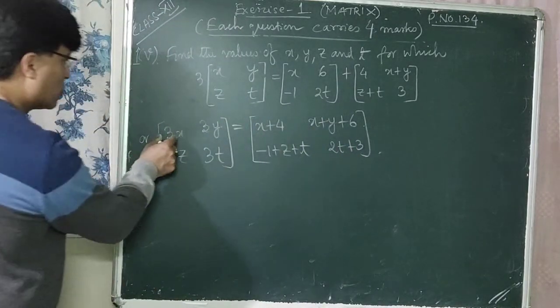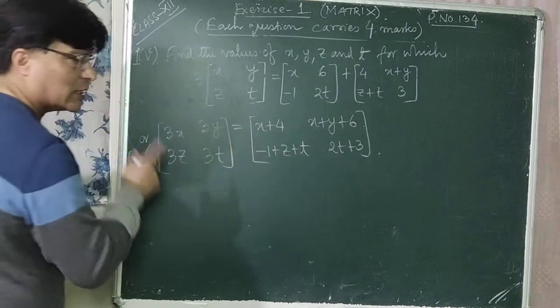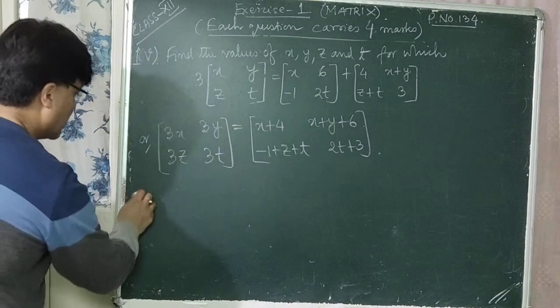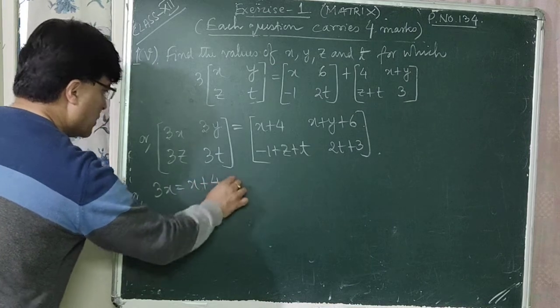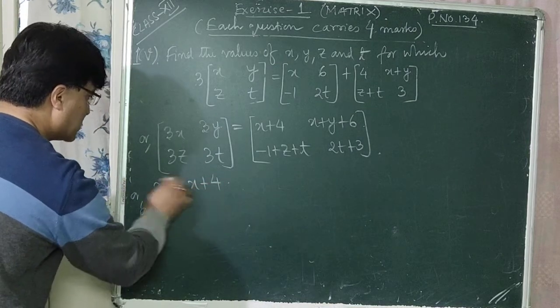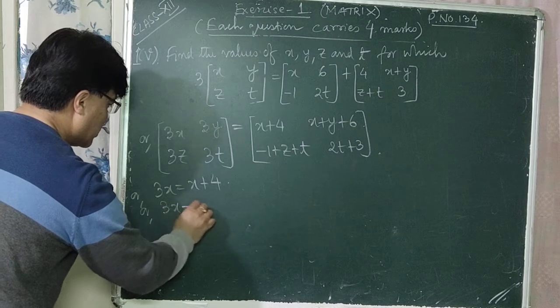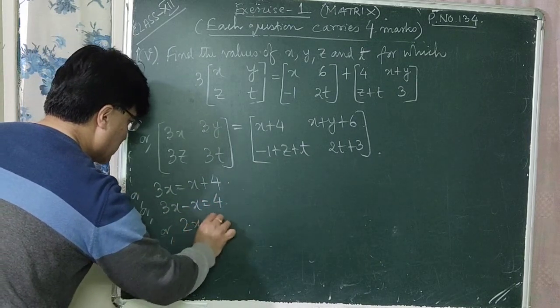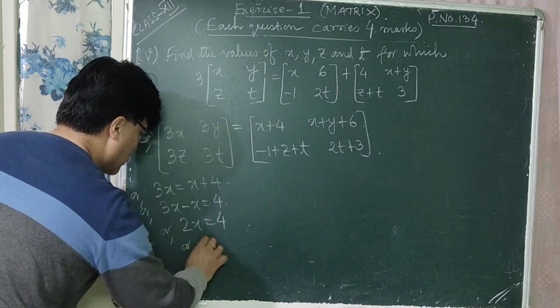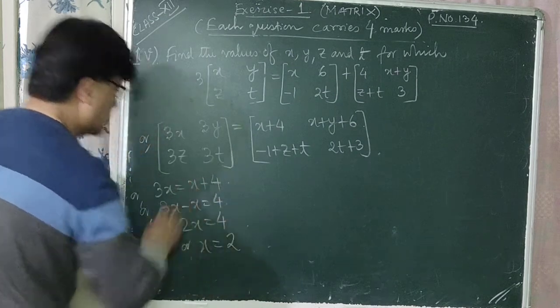So let us equate the first element from the first row: 3x is equal to x plus 4. So let us solve it, x is taken to the left hand side. So 3x minus x is equal to 4, or 2x is equal to 4, or what is the value for x? 4 by 2 is equal to 2.